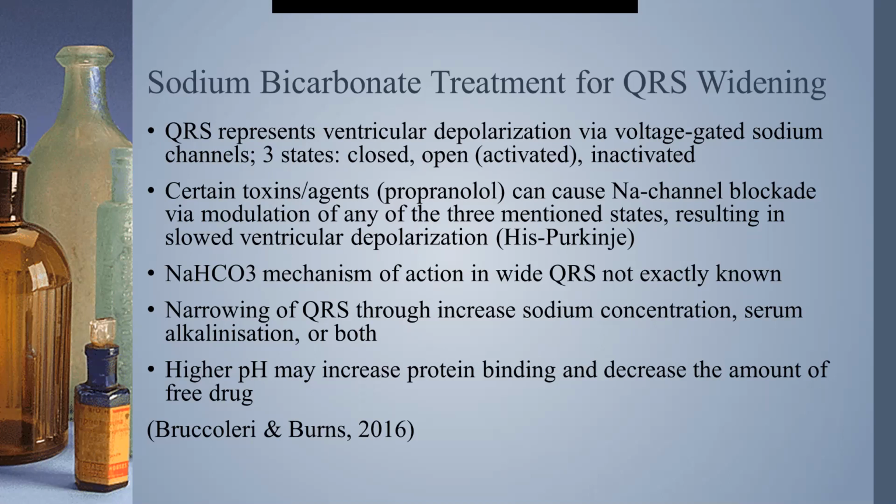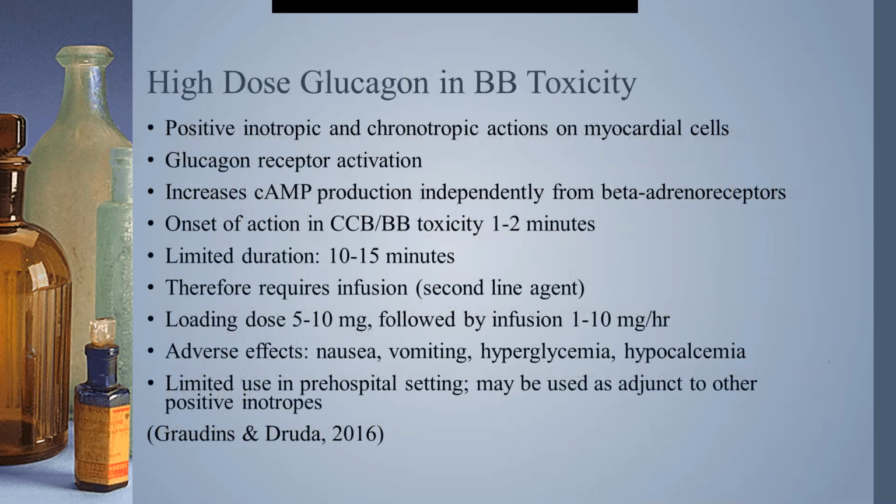Narrowing of the QRS may occur through increased sodium concentration, serum alkalinization, or both. Higher pH may increase protein binding and decrease the amount of free drug. Another proposed treatment for beta blocker toxicity is high dose glucagon.